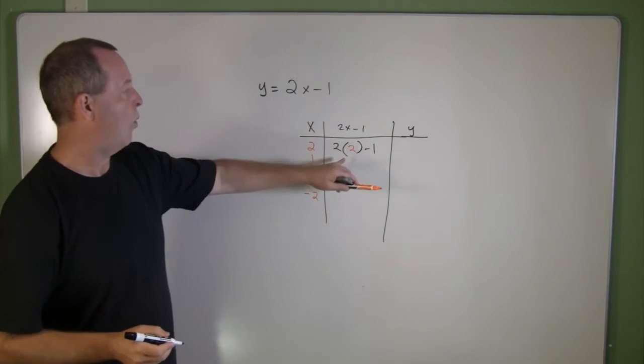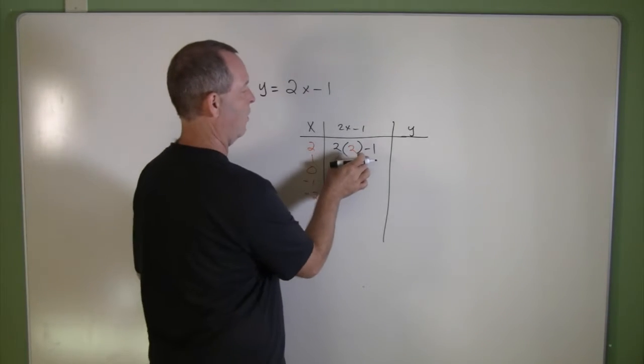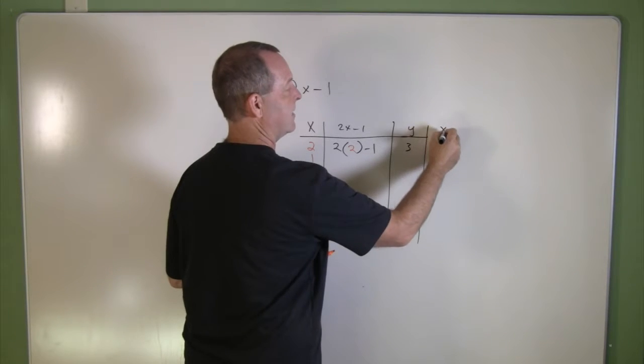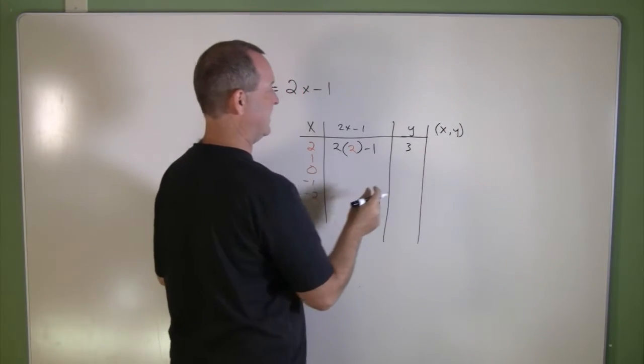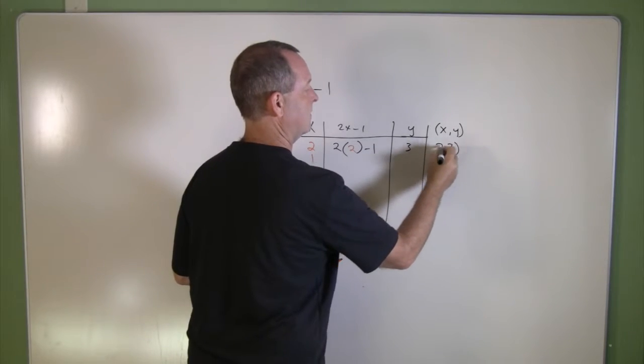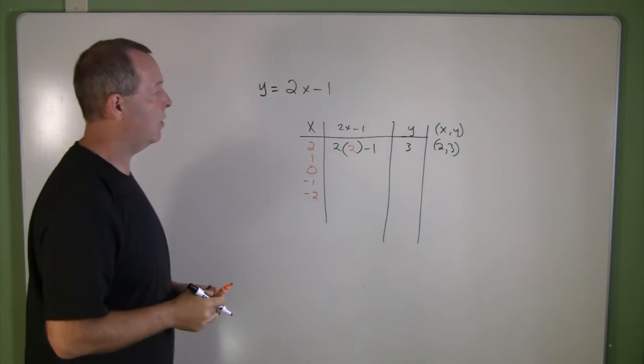And then I'm going to get a y value of 4 minus 1. 4 minus 1 is a 3. Then I know what my x and y coordinate solution is: the point (2, 3). So that is one solution to this particular equation.